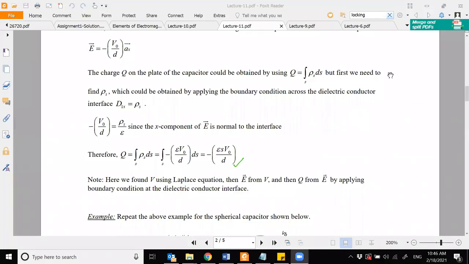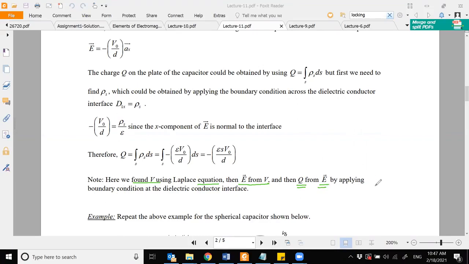Okay. So, summary. The summary is we found V using the Laplace equation. Then we found the electric field from the potential, and then we found the charge from the electric field by applying boundary conditions.